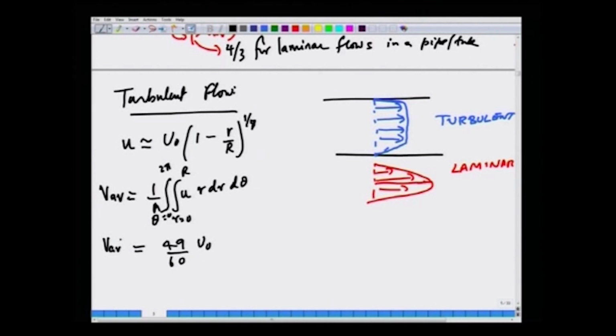So, the average velocity differs from the maximum velocity only by a factor of 49 by 60 for turbulent flow, while for laminar flow it is half. So, it is 30 by 60.